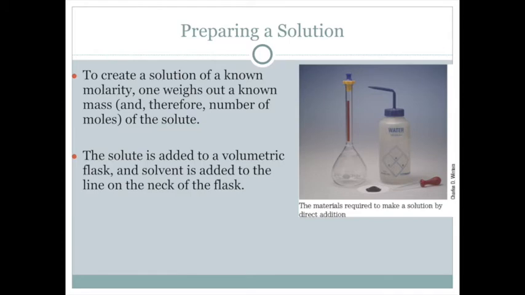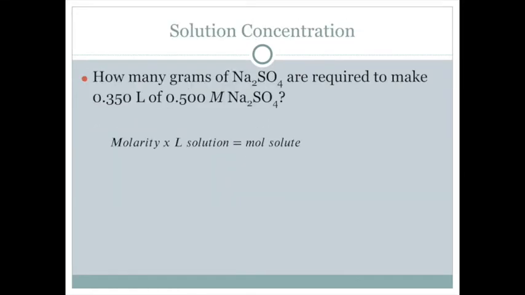Okay, so when we are making a solution with a known concentration, what we do is we take the mass. So let me just go back here. So here we found that we needed 24.9 grams of sodium sulfate to make a 0.5 molar concentration and 350 mL of it. So if I were to make that, then I would weigh out my 24.9 grams of sodium sulfate that we calculated.